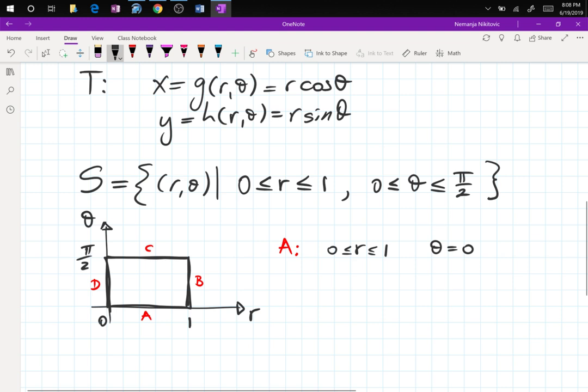Do we all see that? You see how r goes from 0 to 1 and theta is exactly 0? B should help. For B, r is equal to 1 all the time, and theta is stuck between what? 0 and pi over 2. Good.